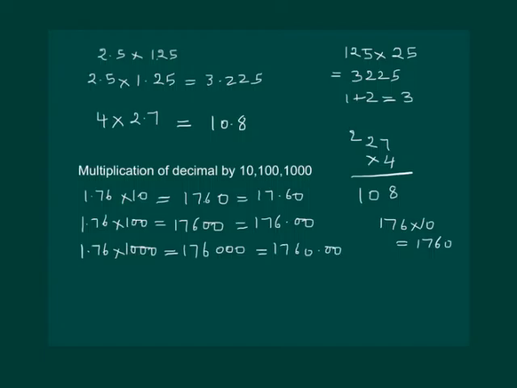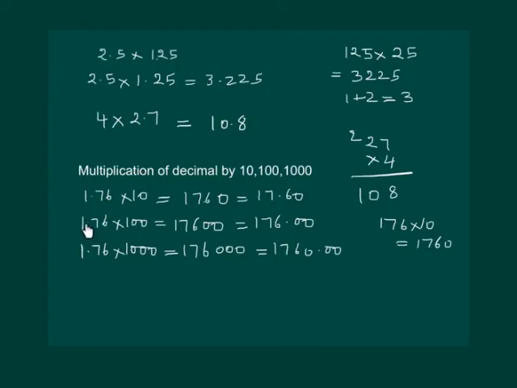Here we can observe two things. Firstly, the digits of the number which is multiplied by 10 or 100 or 1000 do not change in the answer. 176 is here. And secondly, the decimal point has shifted to the right by 1 digit when multiplied with 10.